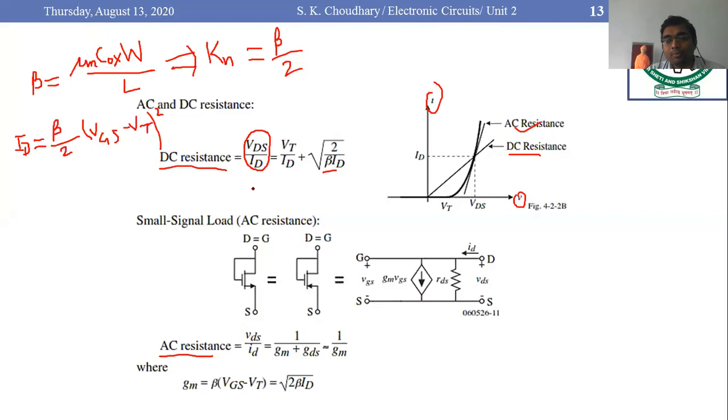So first we have to find out what the value of VDS is. We can find it from this relationship.